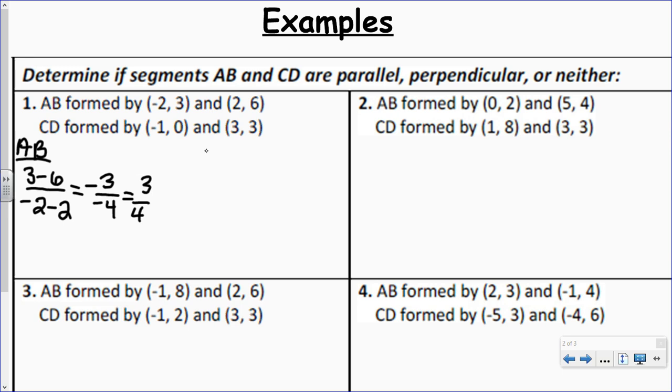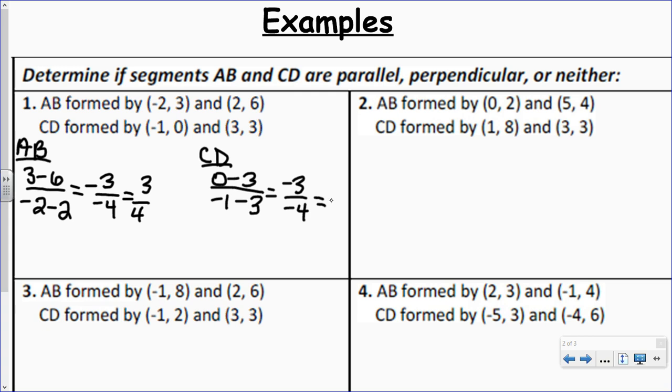So now let's find the slope of CD. We're going to subtract the y's. So we have 0 minus 3 over subtract the x's, negative 1 minus 3. And so now we have 0 minus 3, which is negative 3, and then negative 1 minus 3, which is negative 4. So we have a negative 3 over a negative 4.